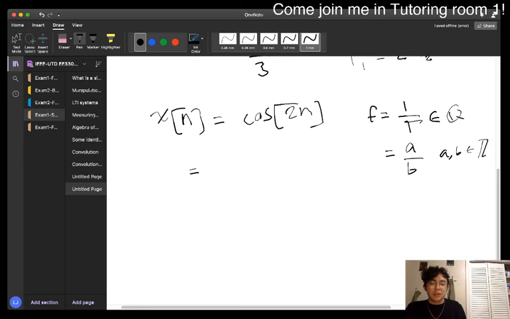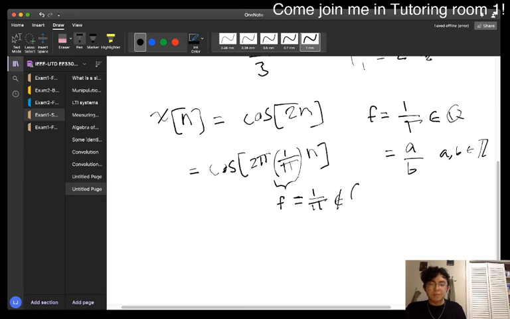It's not in the form a over b. You can see this by taking out 2 pi. This would give us a frequency of 1/pi times n. Take out the 2 pi, then you get f equal to 1 over pi, and pi is not a rational number. So we can't say that this is periodic.